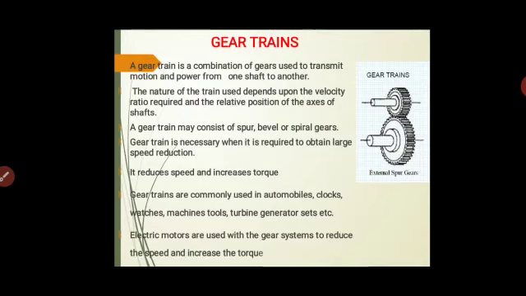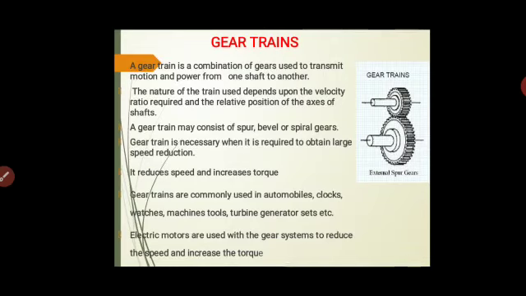The nature of the train that is used depends on the velocity ratio that is required and the relative motion and the position of the axis of the shafts. A gear train may use either spur gear, spiral gear or bevel gear.